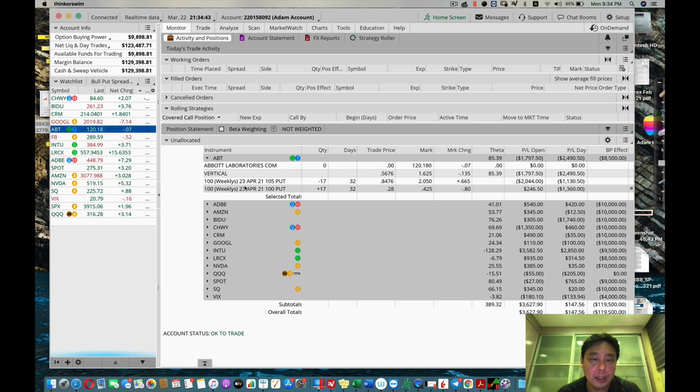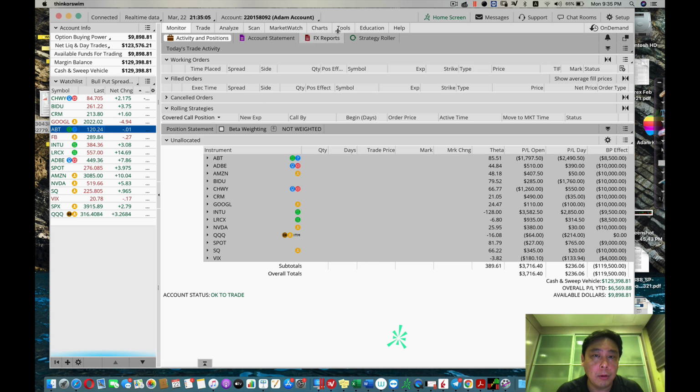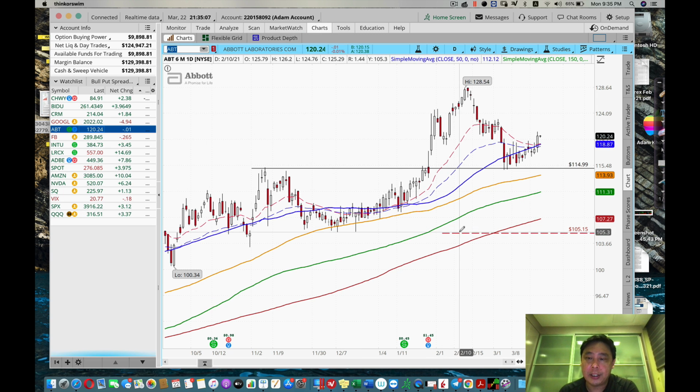Again, it's a bull put spread where it's 105, sell the put, 100 buy the put. So if the price goes below 105, then I lose money. If it stays above 105 by the 23rd of April, I make money. Right now it's still pretty safe above 105.